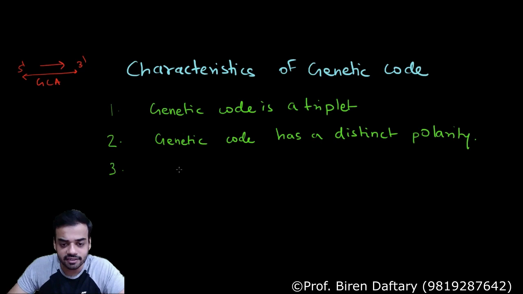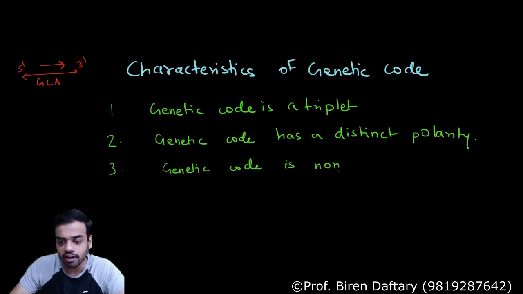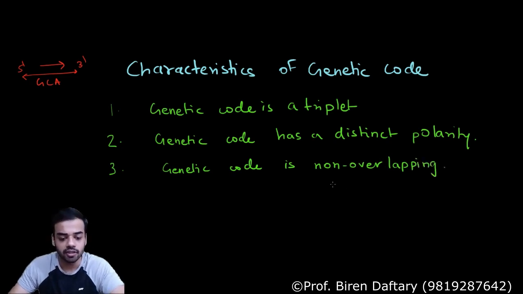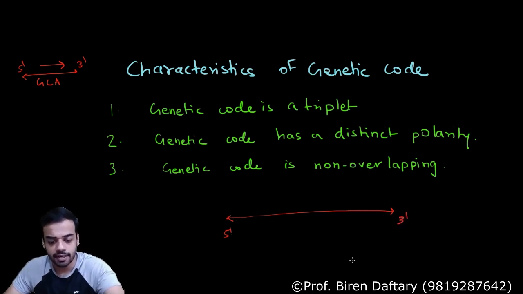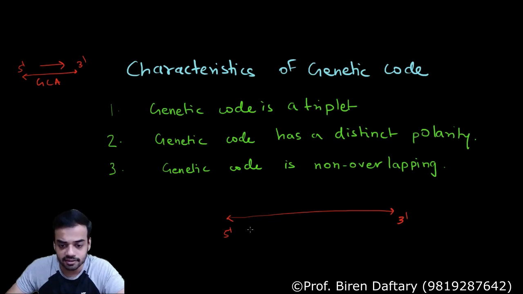Now coming to the third point. The third point says that the genetic code is non-overlapping. Now this is an interesting point. What is the meaning of non-overlapping? Once again let us draw an mRNA over here so that you understand, and suppose this is the sequence.